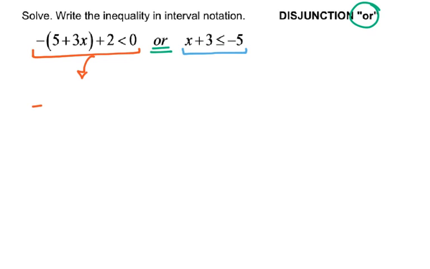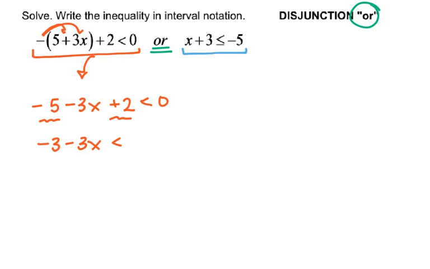So I have negative, I'm going to distribute that negative to both of those terms. Negative 5 minus 3x, it does not distribute to the 2, so we still have plus 2 is less than 0. Combining like terms, negative 5 plus 2, I've got negative 3 minus 3x is less than 0. Again, when I look at solving this, I have a choice to make.